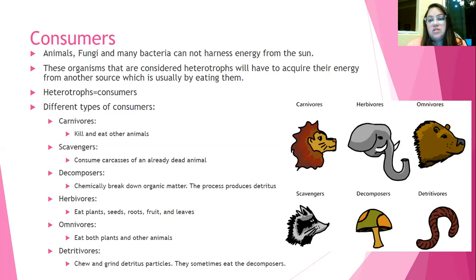An omnivore in this case is a bear. And then a detritivore, in this case the example is the worm. So the worm will chew and grind the detritus particles, and they will eat some of the decomposers as well.